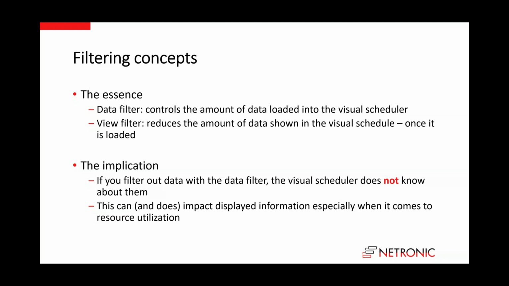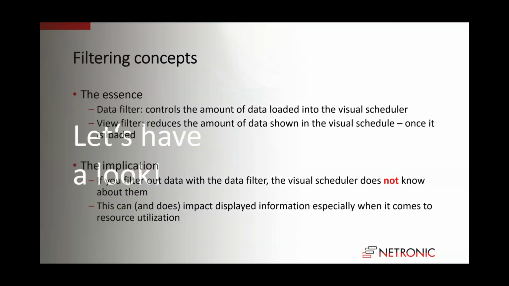And this actually impacts the displayed information, and it makes a big difference especially for the visualization of the resource utilization, because if there is a job on a certain machine and you filtered out this job, then you will not see that this machine is utilized by the job because the data is not loaded into the system.